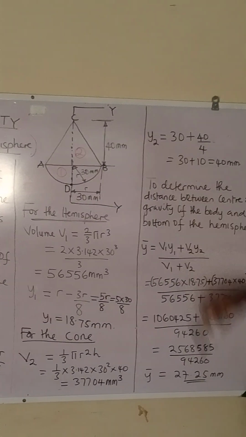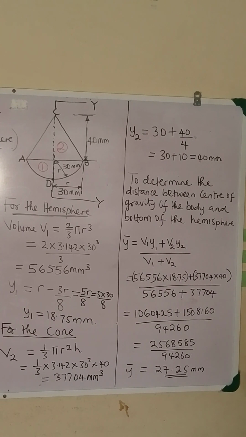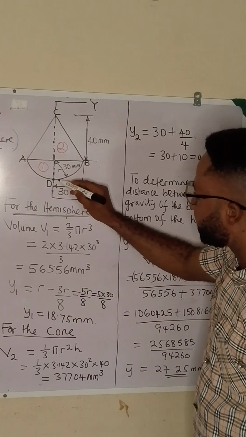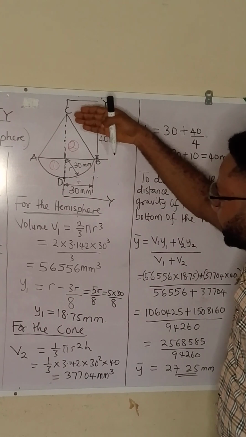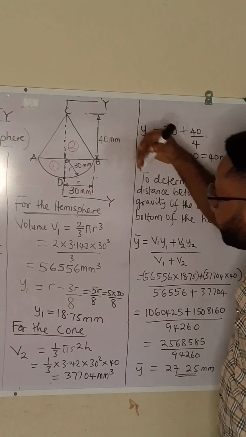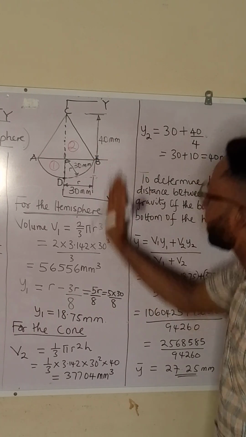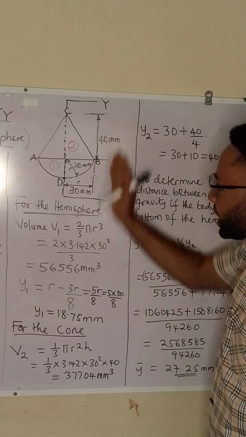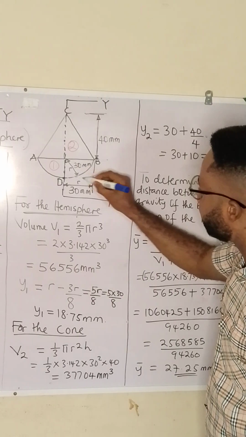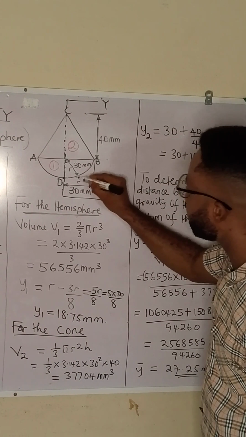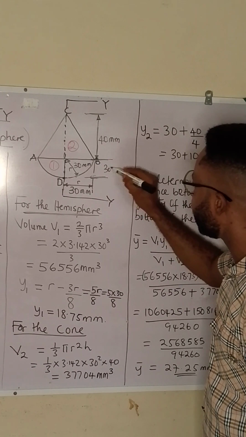And then to determine the y using the cone, like I said in my other videos, when you want to determine the centroid at this point, I always take my reference from the bottom. The cone is on top of the hemisphere. Because these two are joined together, you are moving from the bottom. So from here to this point is 30 millimeters.